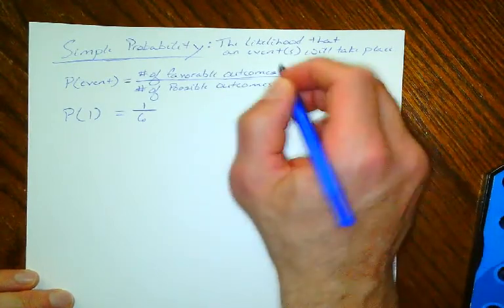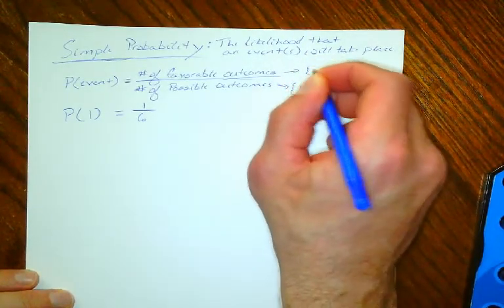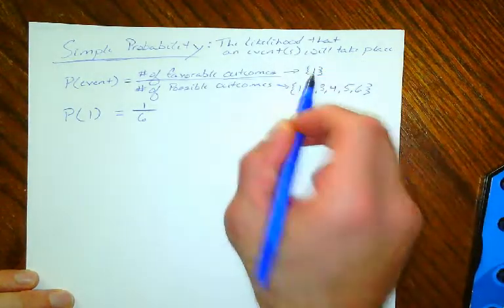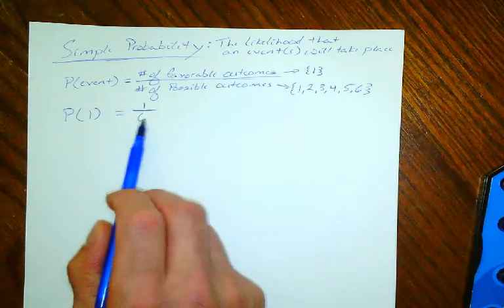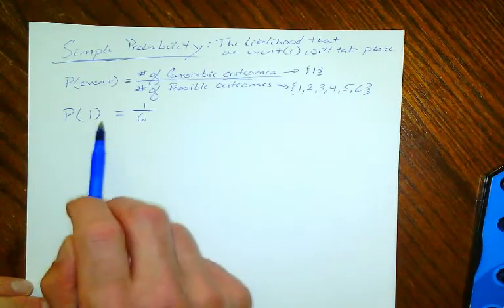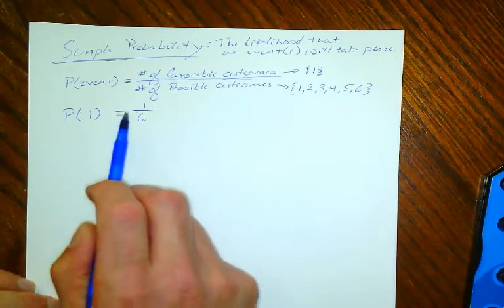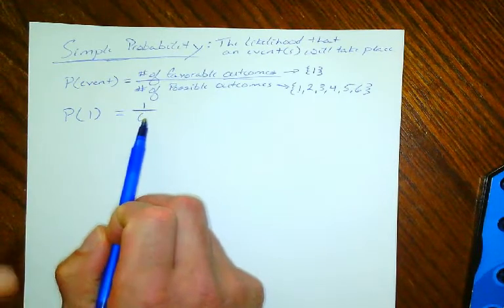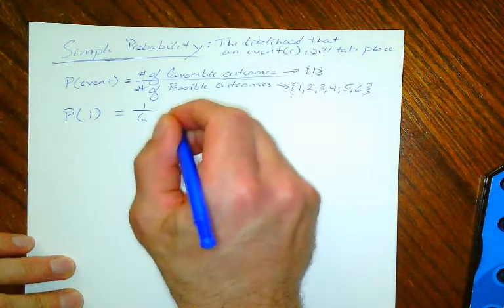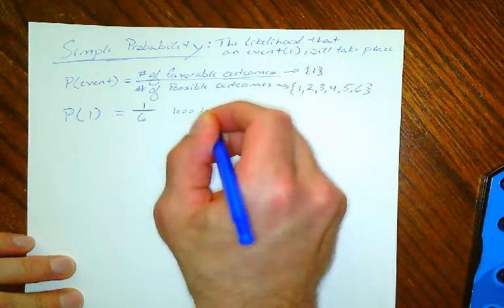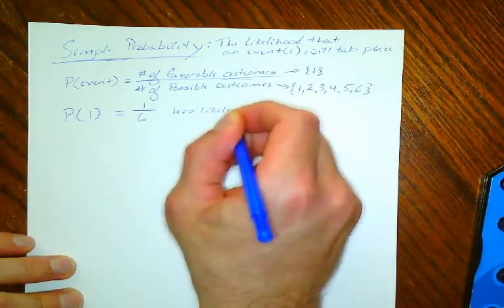My favorable outcome in that case, though, was only a 1. Alright, I only had one favorable outcome. Alright, so a probability of 1/6, I would call that less likely. So that's not very likely. It'll happen 1 out of 6 times, but I could say something like that's less likely.